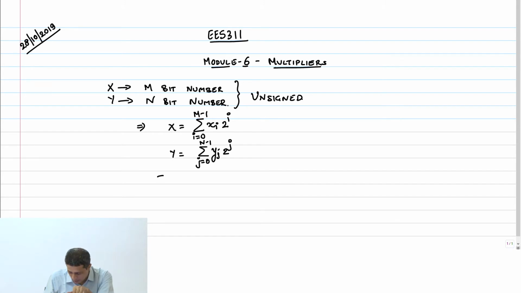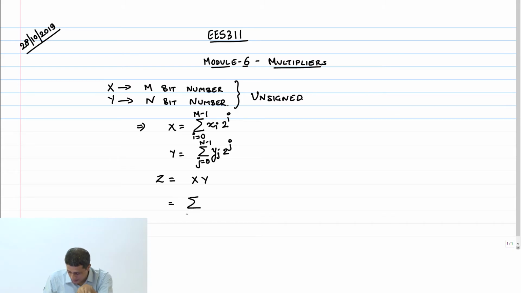So I am now going to create a product of these two numbers, and this will be z equals x times y. If x is m bits and y is n bits, how many bits will z be? So we'll look at that.